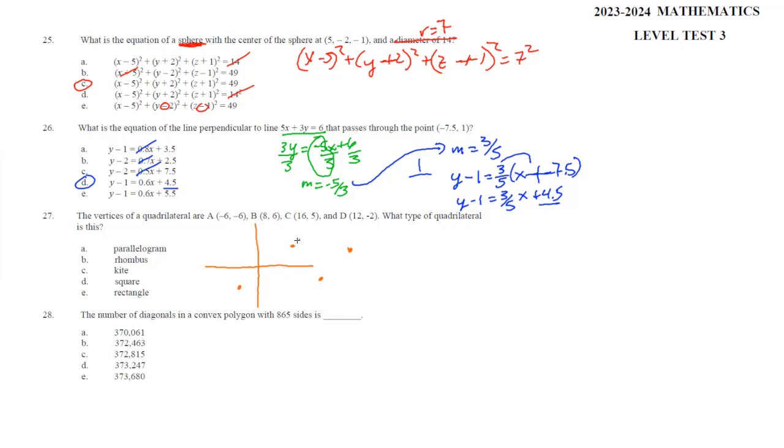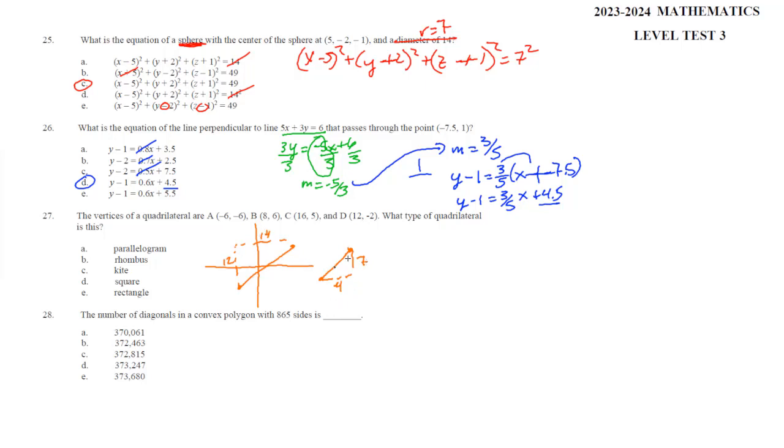So first of all, let's look at this. Just by looking at it, these distances don't look the same at all, but let's double check. Let's go this distance right here. From -6 up to 8 is 14, and from -6 to 6 is 12. Now let's go from here to here and see if that resembles that. From 12 to 16 is 4, and 5 to -2 is 7.